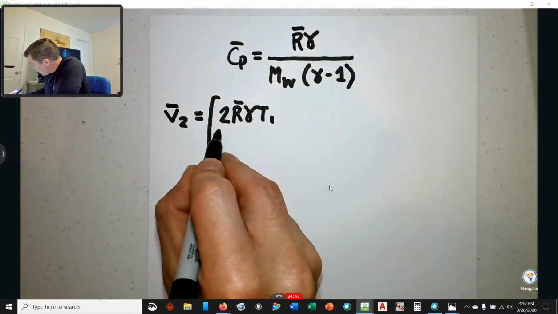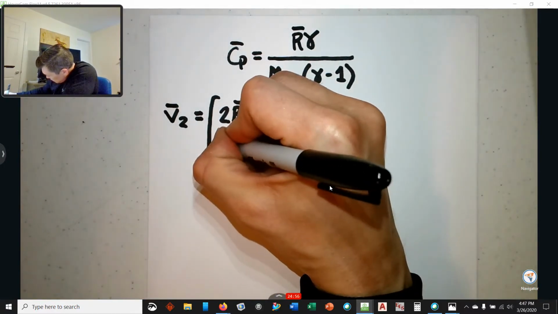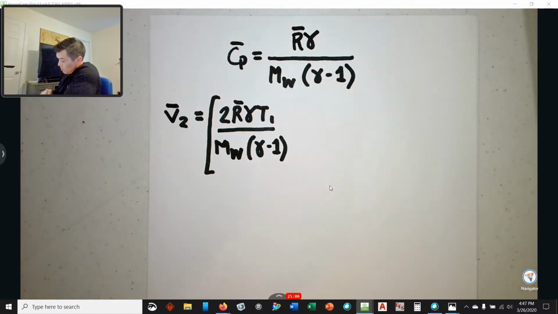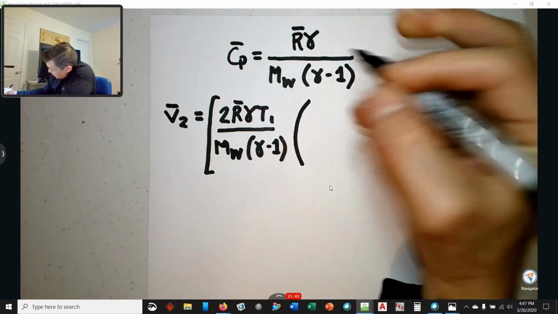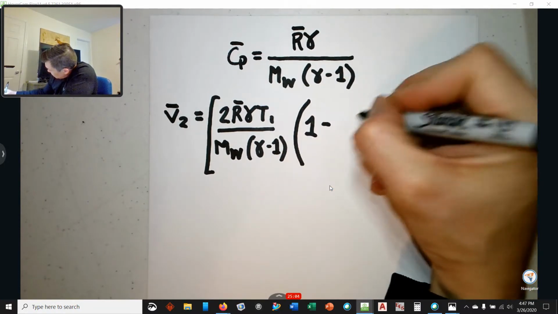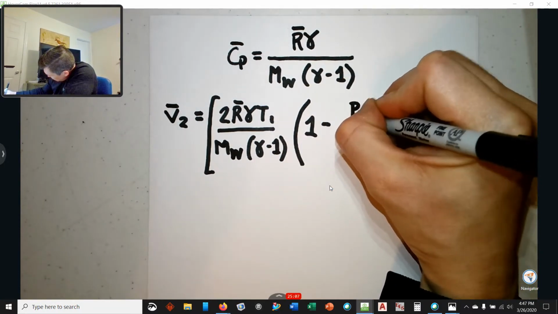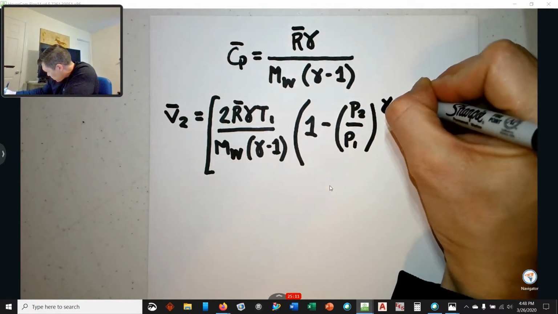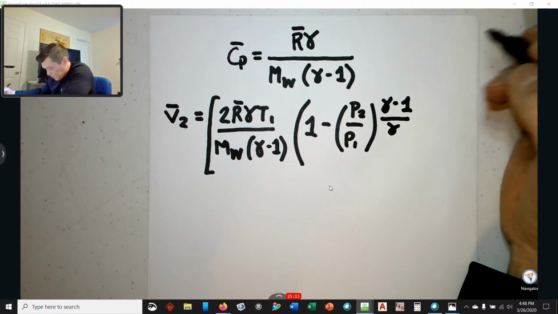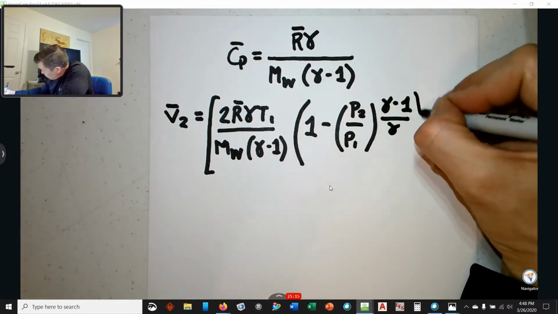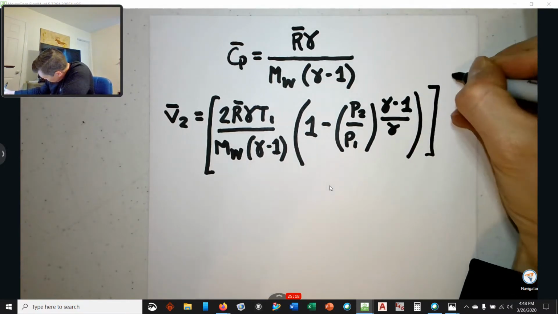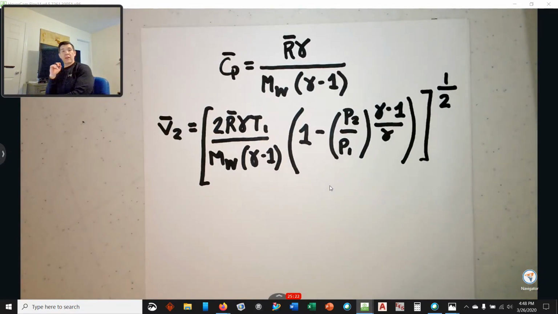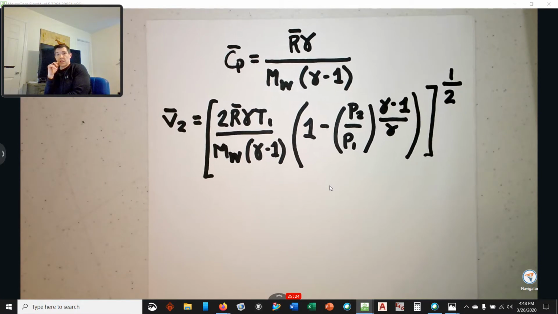We have Cp times T1 over gamma minus 1, and then we have 1 minus P2 over P1 to the gamma minus 1 over gamma. This whole thing is square rooted. And we have an expression for the velocity.